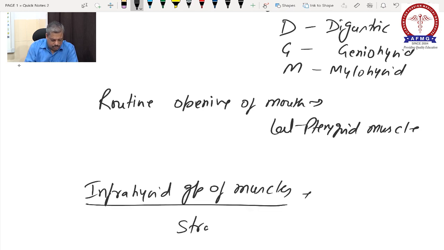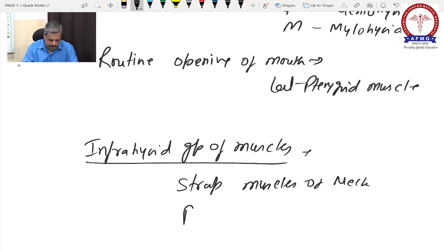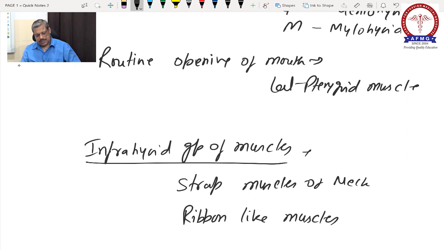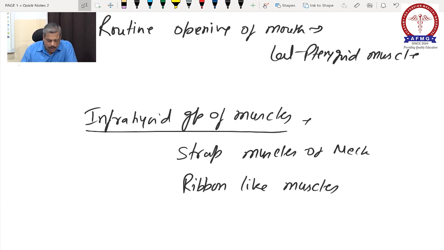These are also known as strap muscles of the neck, because these are ribbon-like muscles. Clear? These are the 4 muscles which are arranged in 2 groups.